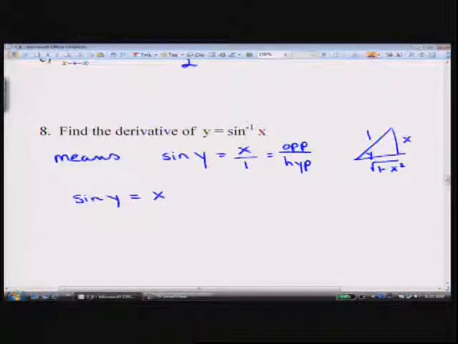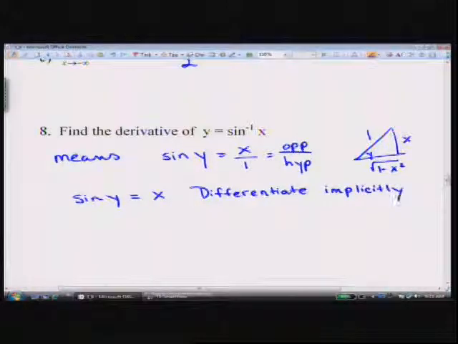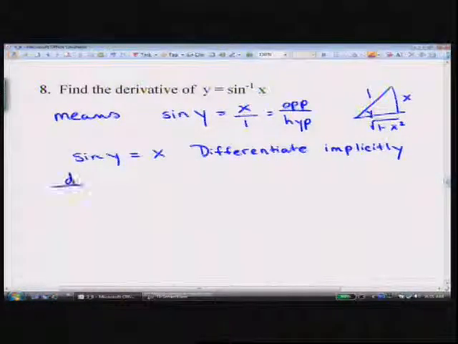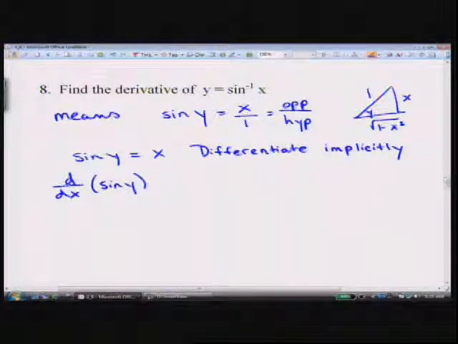So I will differentiate this implicitly. I'm going to take the derivative with respect to x of the sine of y, and the derivative with respect to x of just x.